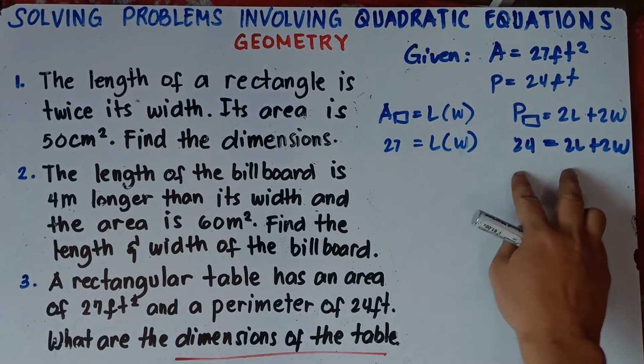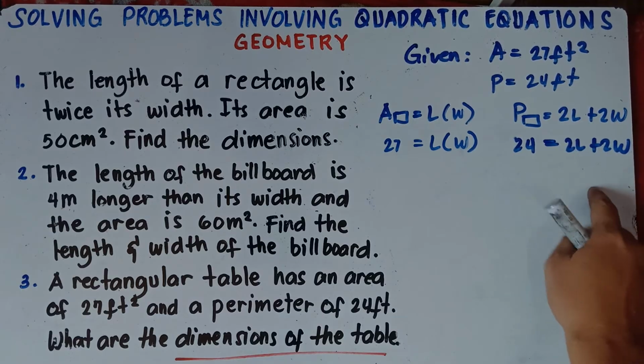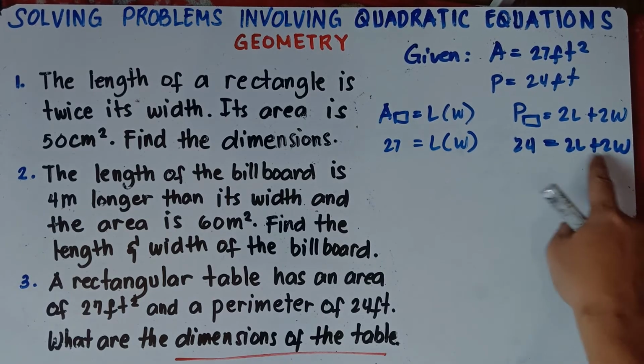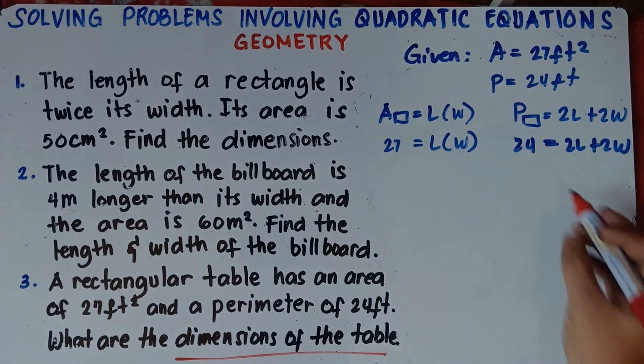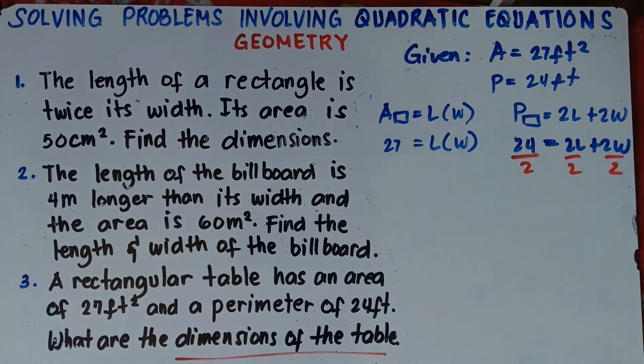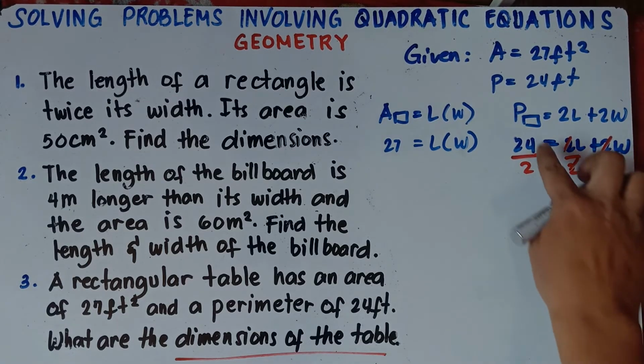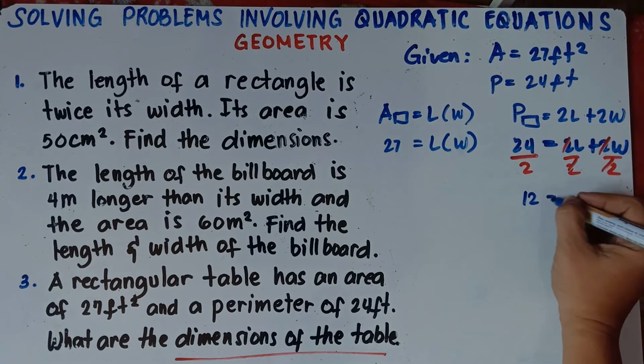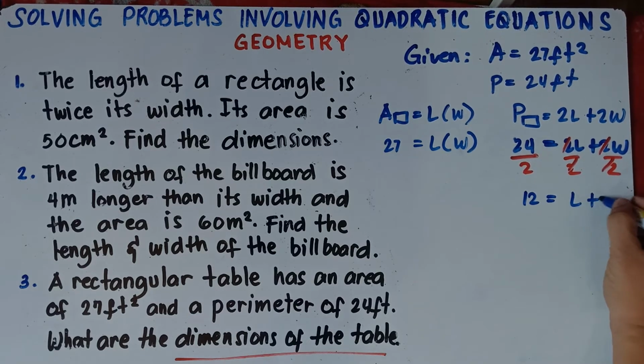Check the perimeter, class. We can reduce this one by 2. We can divide this by 2, same with 24. So cancel this out. 24 divided by 2 would be 12 equals length plus the width.